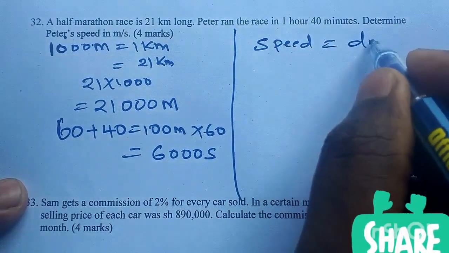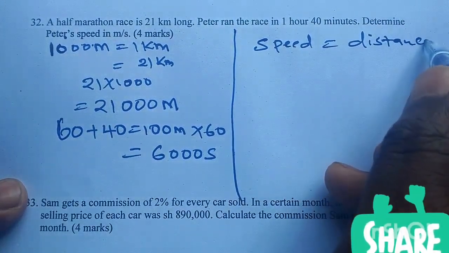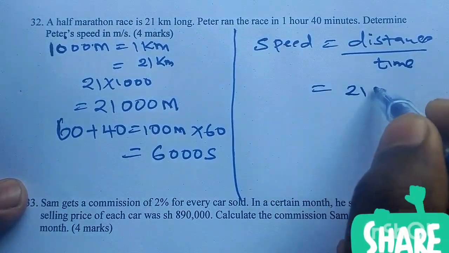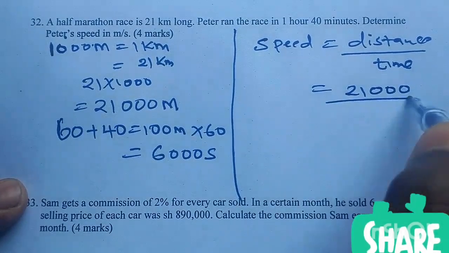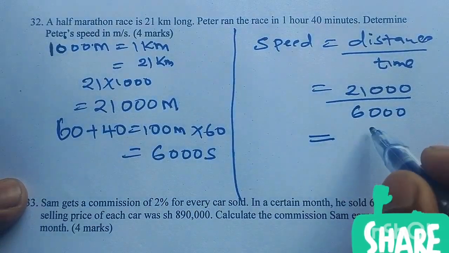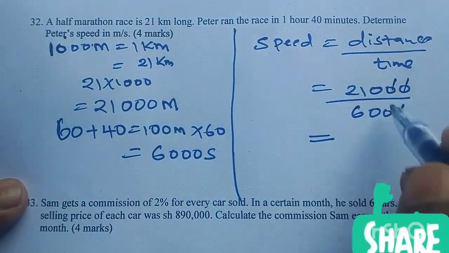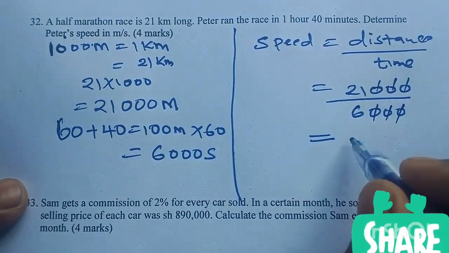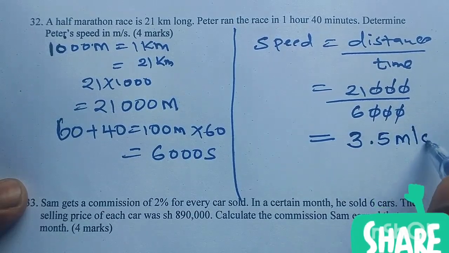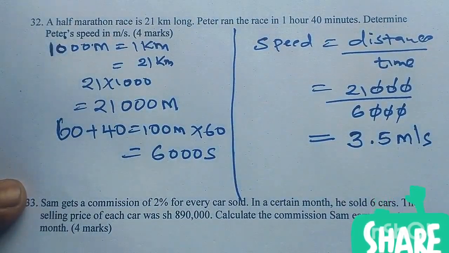Speed is equal to distance over time. 21,000 over 6,000 is 3.5 meters per second.